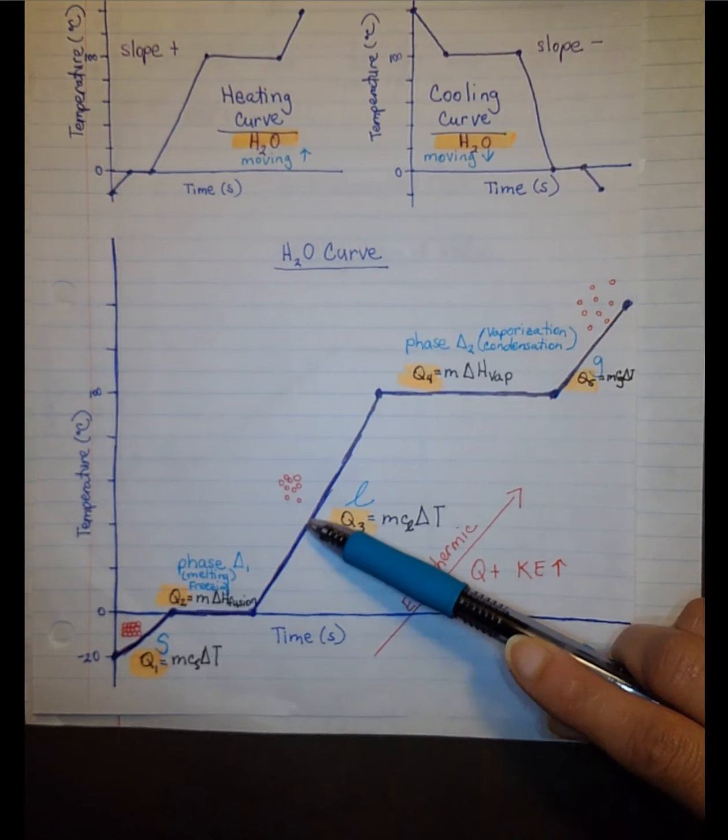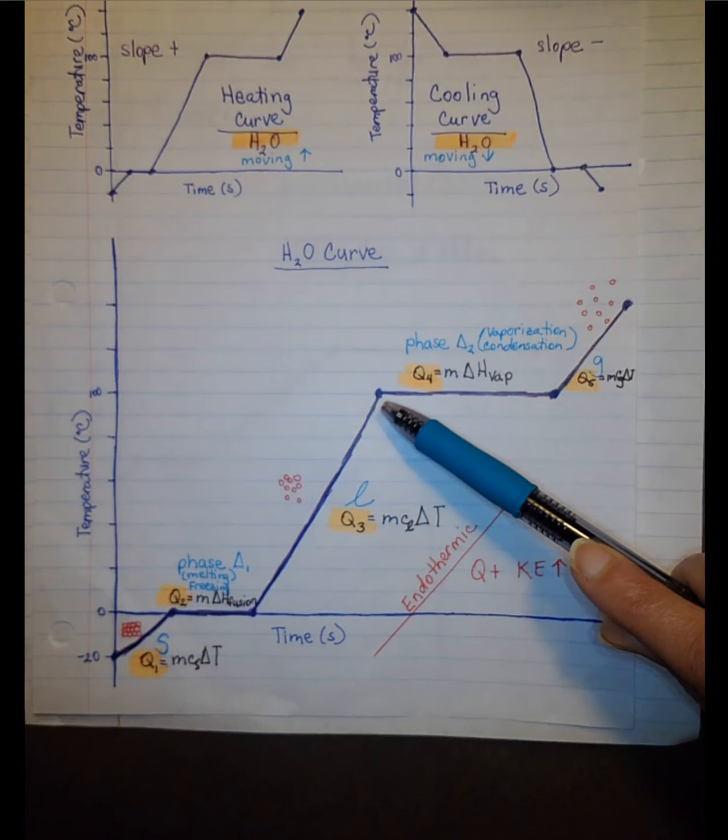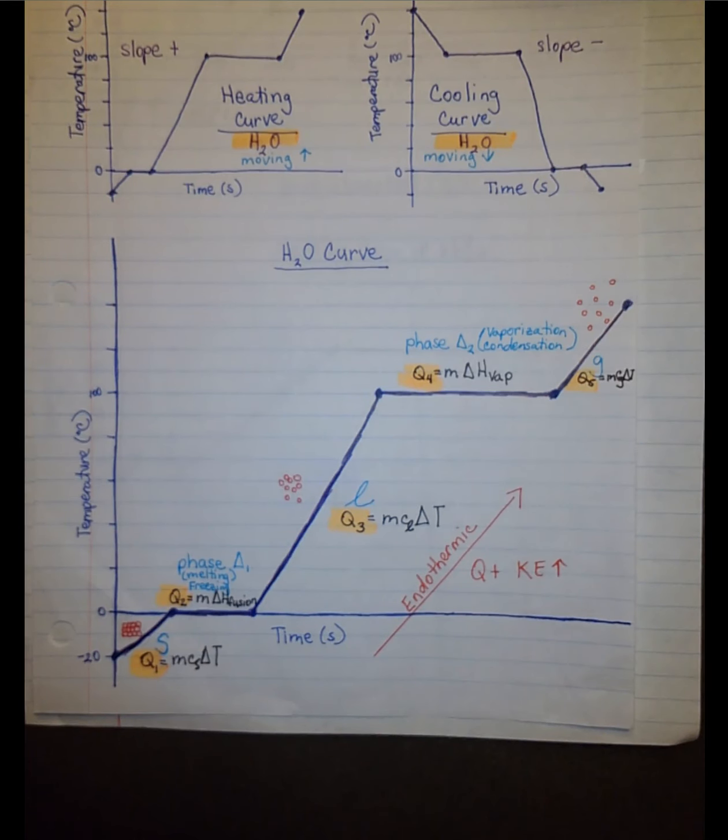Because temperature is changing, kinetic energy is present, and very little potential energy is present. The same is true right here for the gas phase, where because temperature is changing, you have change in kinetic energy, and kinetic energy is present with very little potential energy.